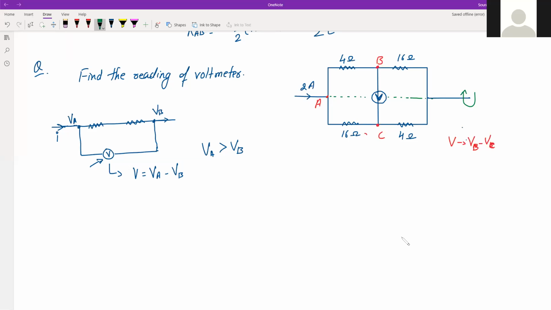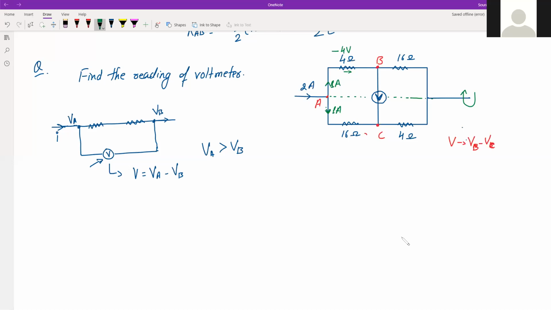Right? Okay, something else is given in this question, that the current which flows in this is 1 ampere. That means the current which flows in this section will also be 1 ampere, because the total is 2 amperes, right? So when this 1 ampere flows through this 4 ohms, the drop here will be equal to minus 4 volts.